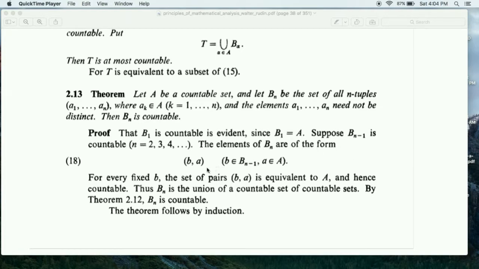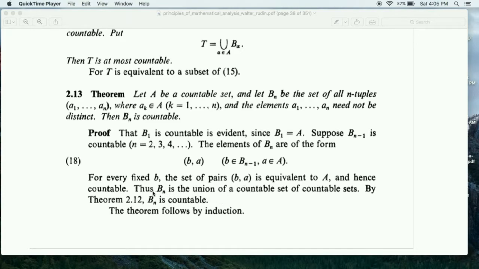Elements of B_n are then of the form (b, a), where b belongs to B_{n-1} and a belongs to capital A. Now for every fixed b, the set of pairs is equivalent to A, because as we move about the whole of A, this is the same as moving about capital A. So b is fixed, a varies, and there can be a function which is just a projection of (b, a) to a, in capital A, and that will be a one-to-one correspondence.